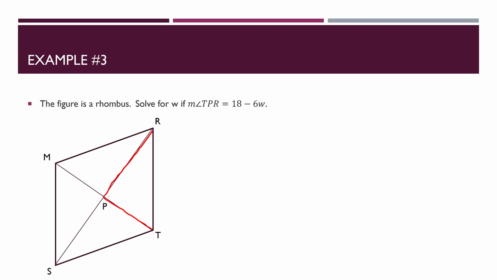So this angle is in the middle of my rhombus. Remember that a rhombus, the diagonals are perpendicular, which means that they're going to equal 90 degrees. So to solve for W, all we need to do is set this equal to 90 degrees. And that's because diagonals are perpendicular.